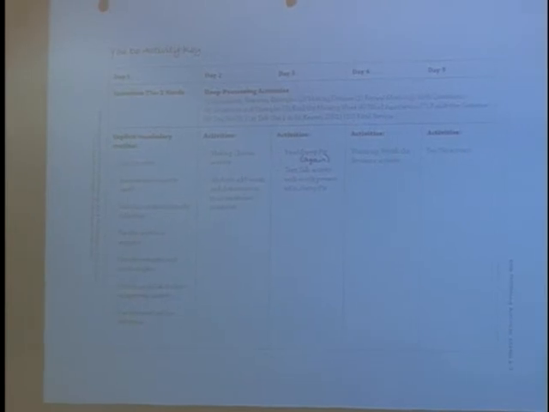So working with a partner, here's what we're going to do for the next 15 minutes or so. You and your partner are going to go through this document and fill out those spaces by planning the deep processing activities that you plan to use in order to provide your students with those opportunities to interact with the words throughout the week, Monday through Friday.